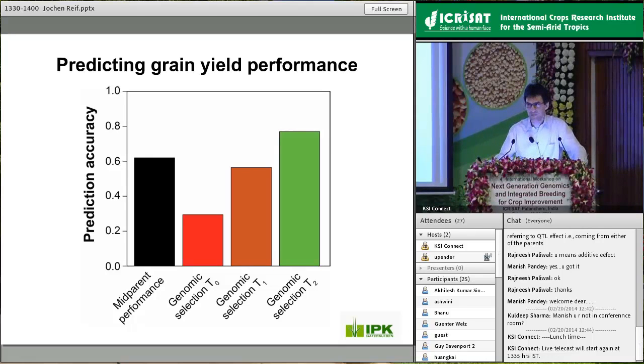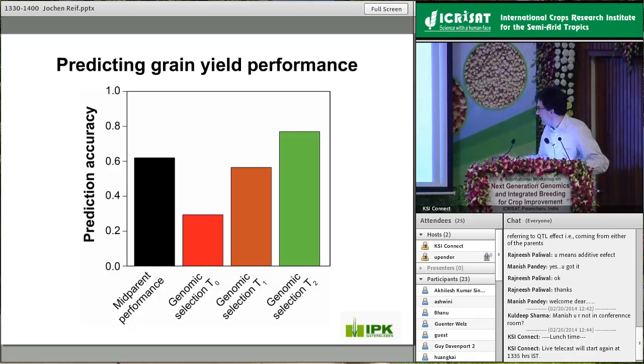And we applied that in combination. I show here the results for the ridge regression BLUP approach to evaluate the prediction accuracy. And these values have not been standardized by the square root of heritability, I have to mention. And you see here the reference value, the midpoint value that we can reach if you predict the hybrid performance using the midpoint performance. In this unrelated T0 scenario, we cannot improve our prediction accuracy with genomic selection, in contrast to the very simple approach of using midpoint performance.